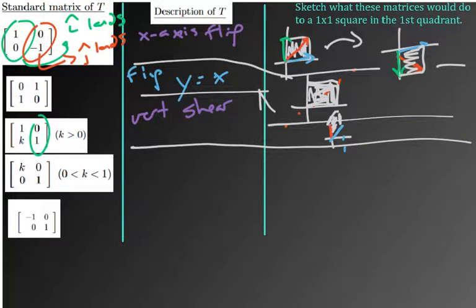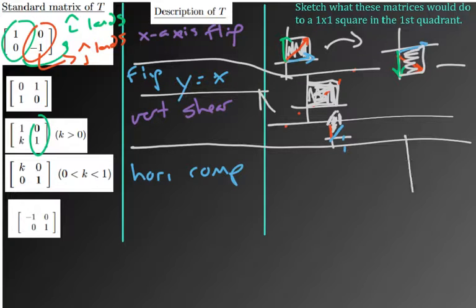This one, again, j hat's not changing, so you're not doing really anything in the y direction there, but you are shrinking in a sense, right? Because k is a fraction between 0 and 1. You're shrinking it as k gets smaller and smaller. So this is some sort of horizontal compression.